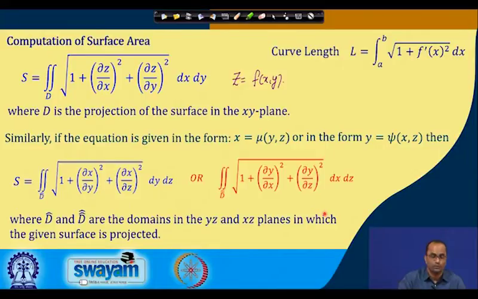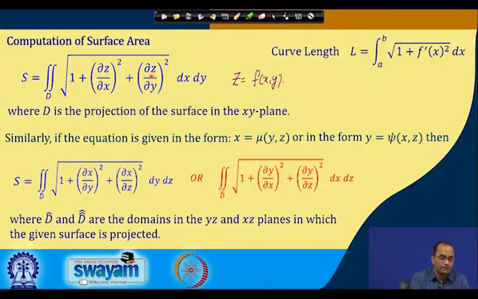So, with the help of this double integral, which in most cases is given by S equal to the double integral over the domain of the square root of 1 plus z_x whole square plus z_y whole square dx dy, when the function is defined as z is equal to f(x,y), we can compute the surface area.